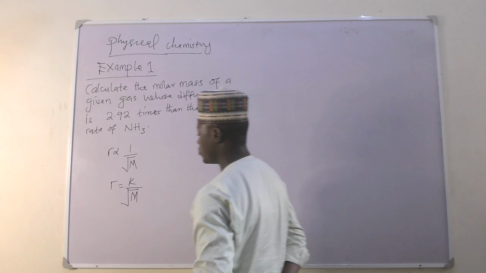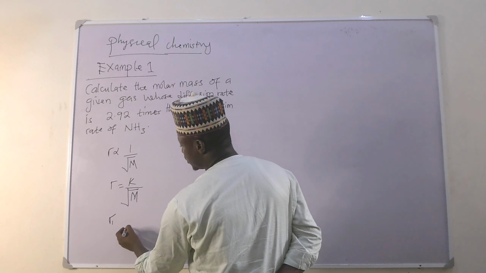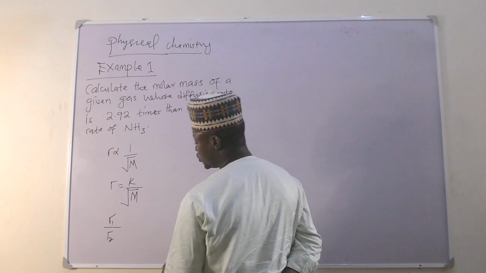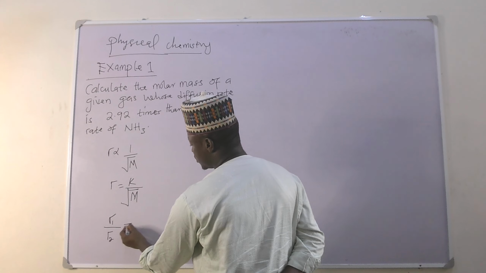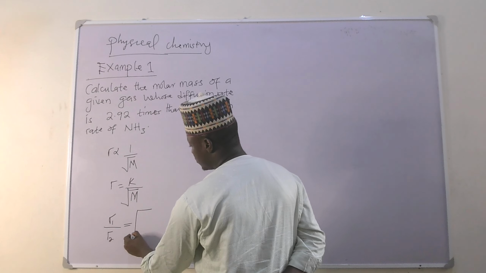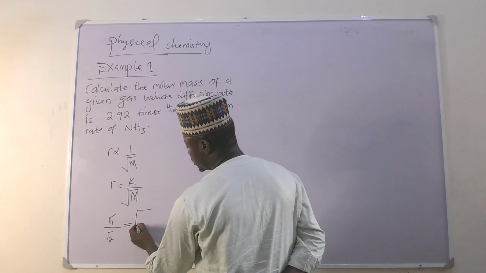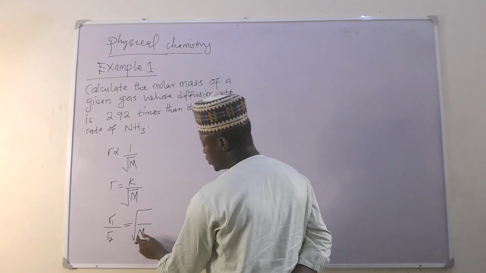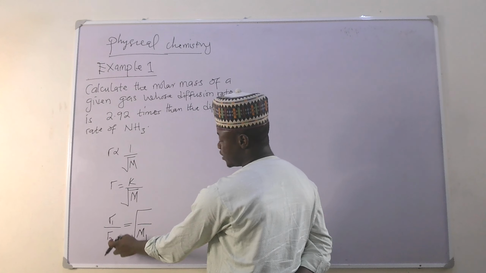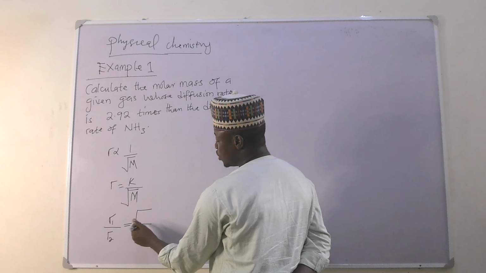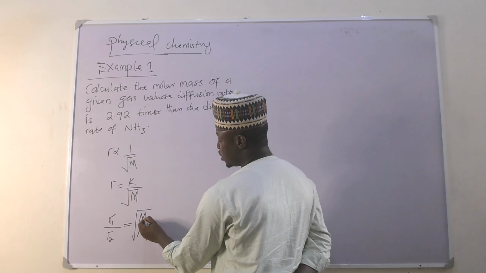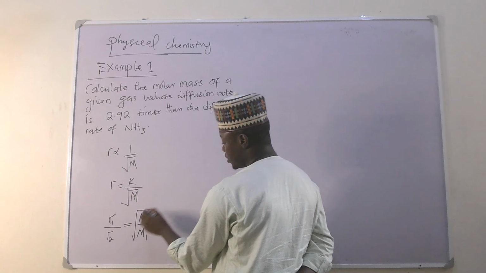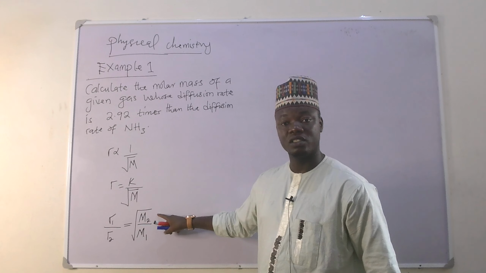So we can write a formula from here: the rate of diffusion of gas 1 divided by the rate of diffusion of gas 2 is equal to, because it is an inverse relationship, the rate of diffusion of gas 1 is inversely proportional to the square root of the mass of gas 1, and the rate of diffusion of gas 2 is inversely proportional to the square root of the mass of gas 2.